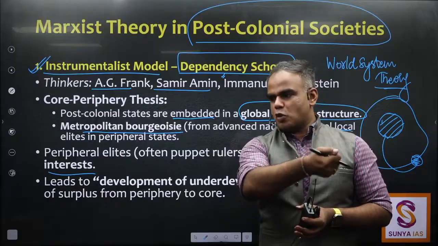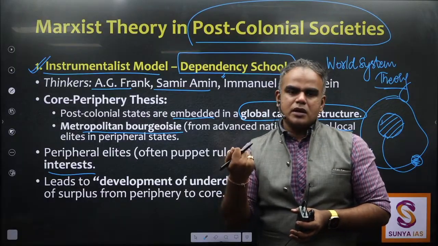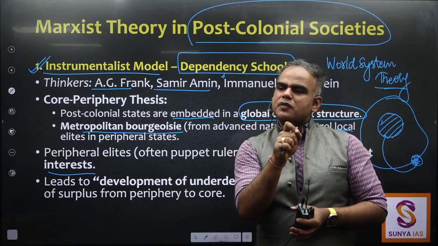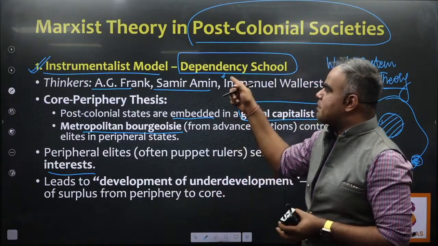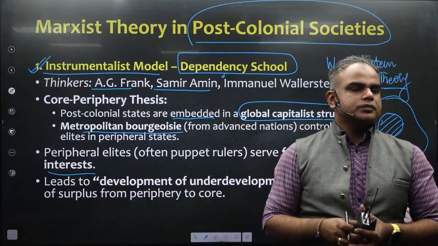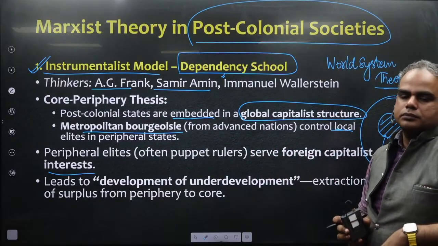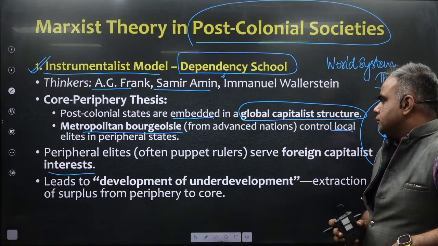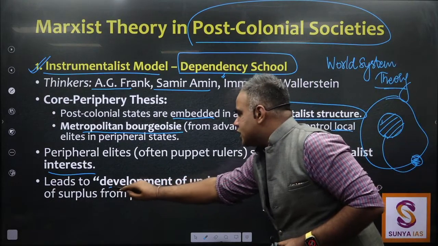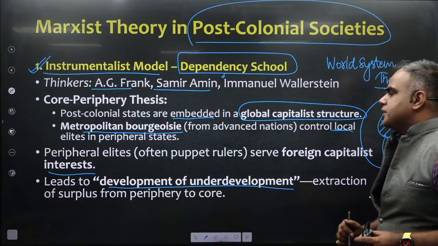Why? Exploitation of natural resources will keep on happening. Only a very small section in the periphery will get developed, but it will lead to more and more exploitation and dependency. This is what they are saying. This is again a core term, leads to development of underdevelopment.